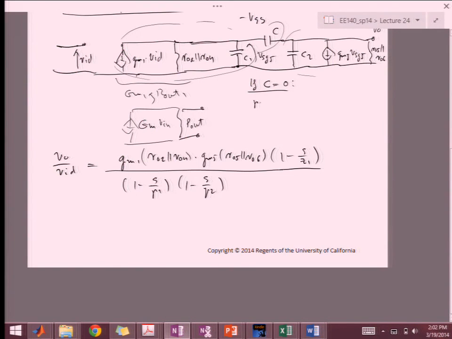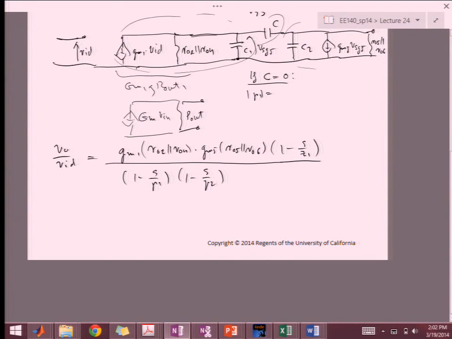Pole 1 will be determined just by RO2, RO4. So we're going to call this R1. And then pole 2 will be just determined by RO5 and RO6. I'll call this R2.